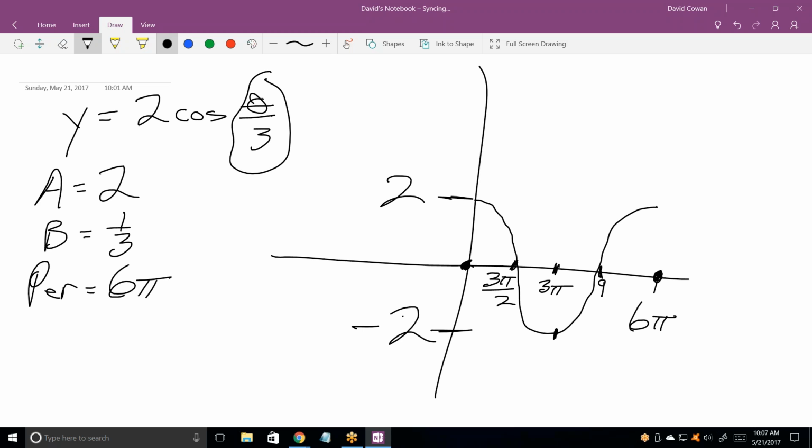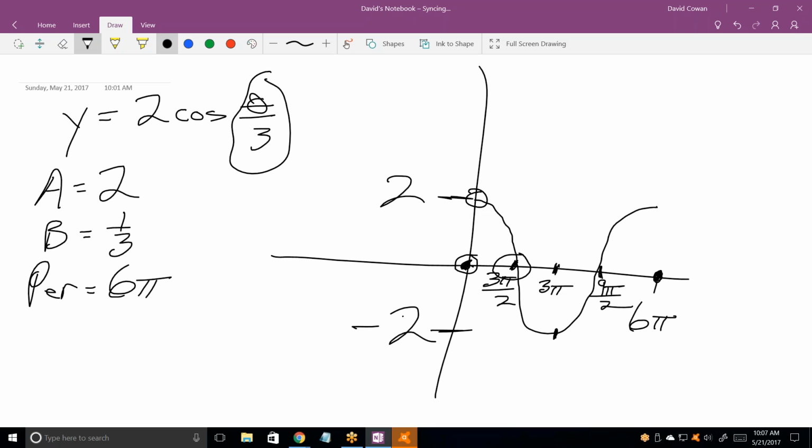So that's 9 pi over 2. And those quarter points are key. That's where the cosine curve comes back down and goes through the x-axis, or goes through its horizontal line of symmetry. And so the first quarter point is huge. The start at 0 is huge, because cosine starts at its highest point.